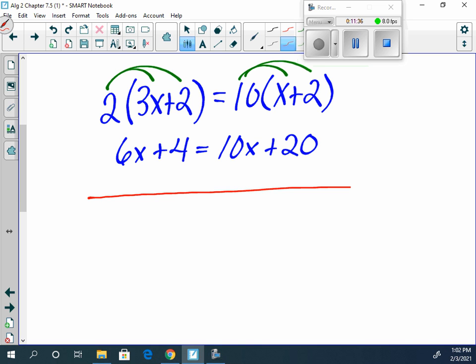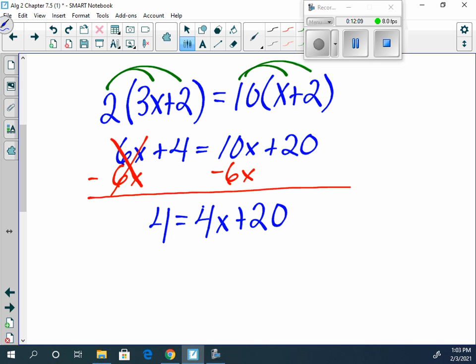So now that we distributed everything, we got rid of the parentheses, our next step would be to do what? What would we do next? We would subtract 6x from both sides, because 6x minus 6x would be 0, so that leaves us with 4 is equal to, well, 10x minus 6x is going to be 4x plus 20, because we're trying to get x up by itself.